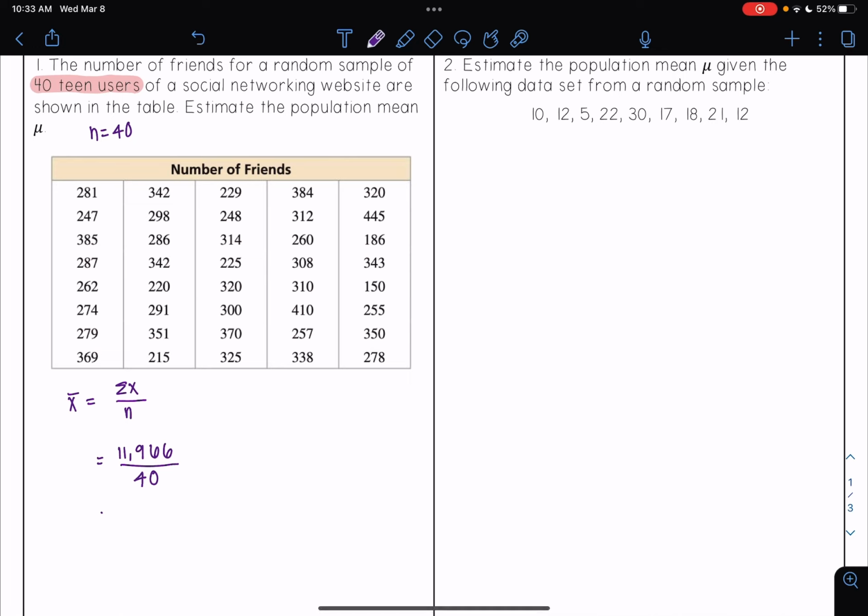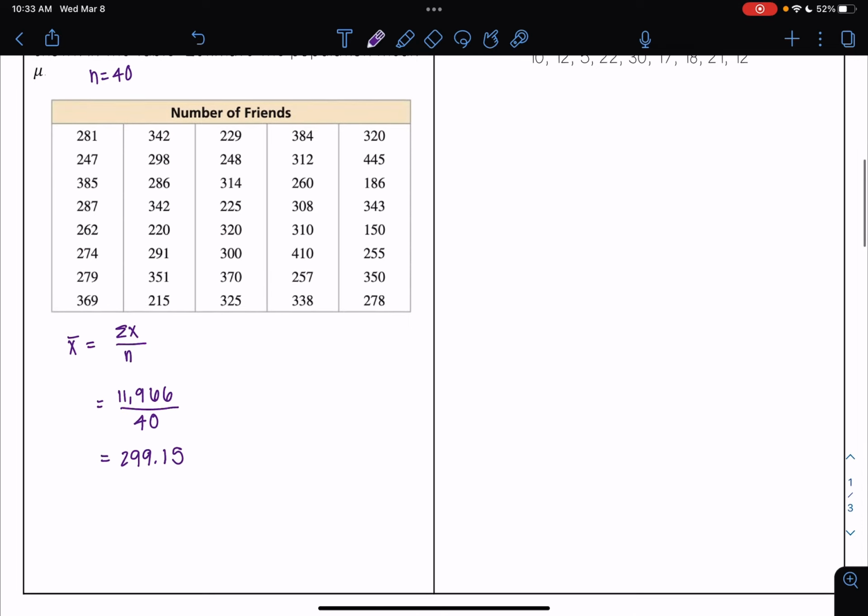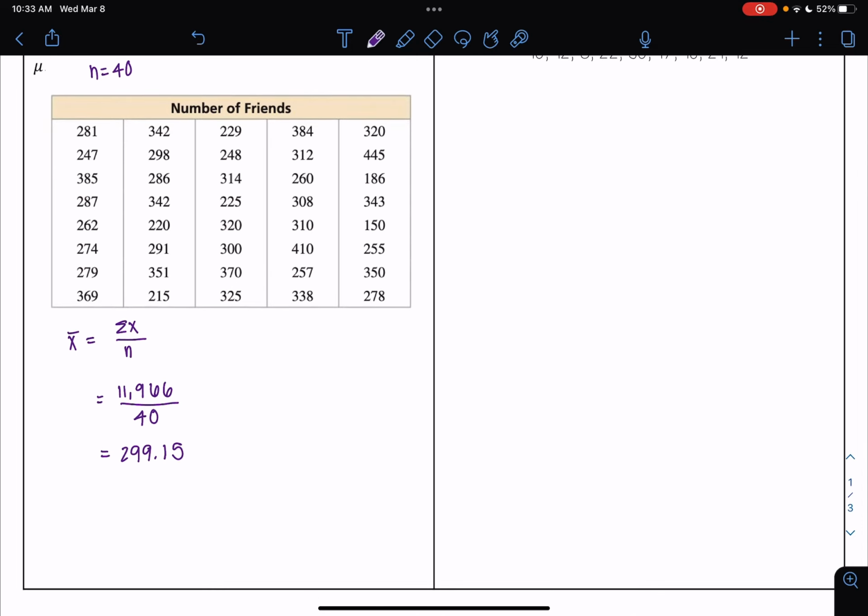And when you divide those, you should get 299.15. And so here it's asking for the mean number of friends for all teen users. We can't have a part of a person, so I'm going to go ahead and round this to the nearest whole number. And so that means that the mean number of friends for all teen users of the website is about 299.